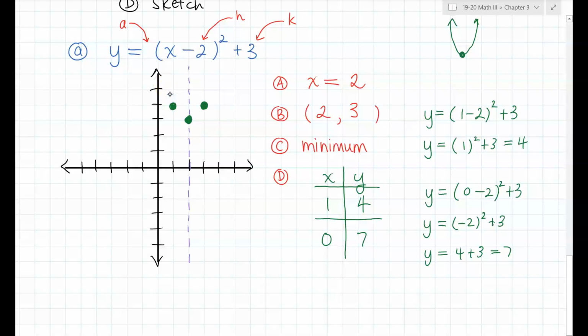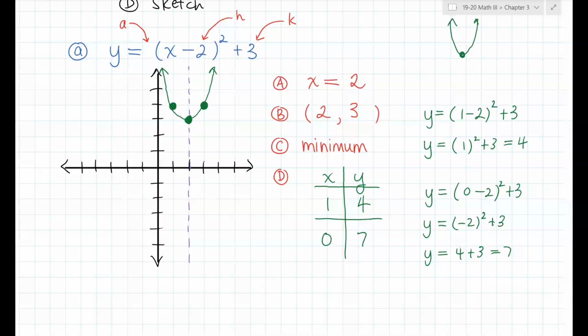So now that I've copied it, all I have to do is graph it. I'm just going to go like that and like that. Now, I'm done with this problem, by the way, but do you notice how right here is a minimum point, just like I said in part C. So that's how we do one of those.